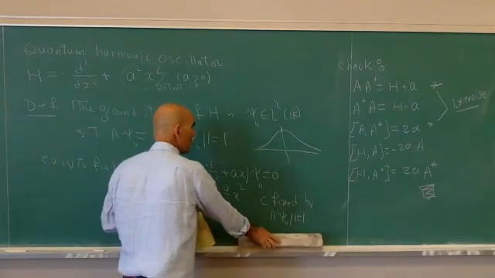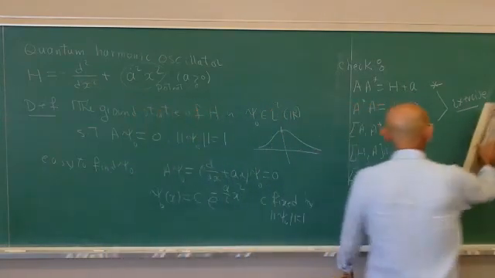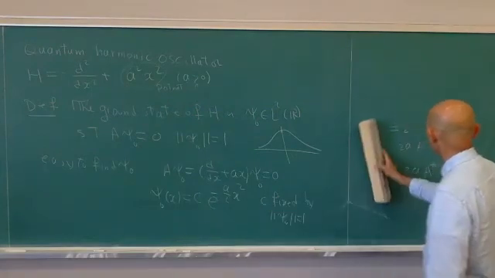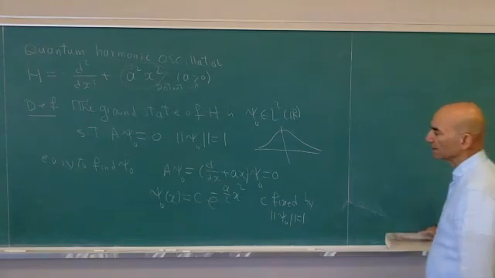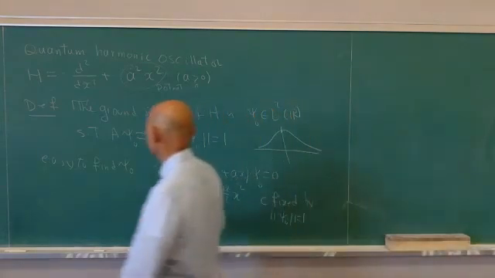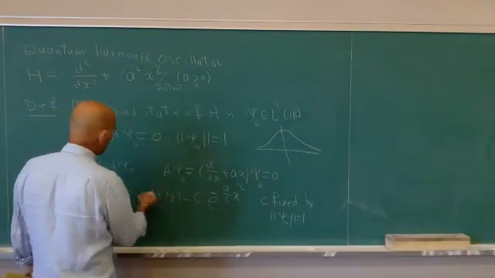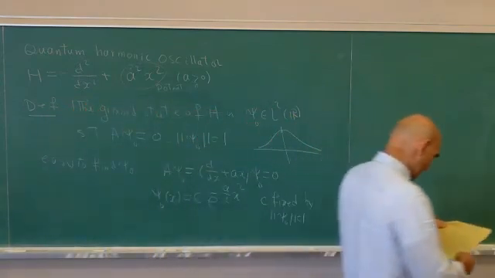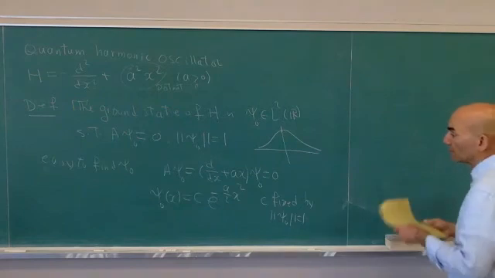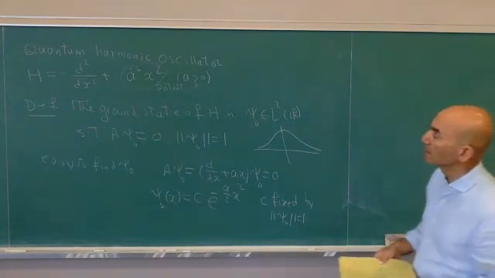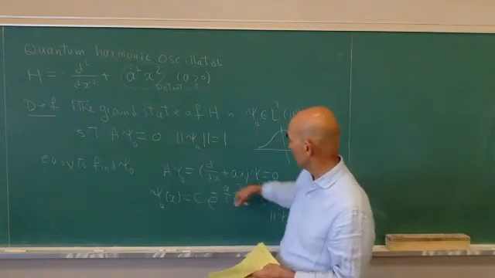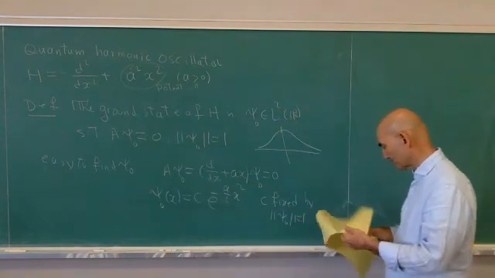Okay, that's easy. Now we are going to create lots of functions by applying creation operators to this psi 0. So this is the ground state. So far this is just a definition, and we were able to show that the problem we set for ourselves has a unique solution in these conditions, and that's easy.